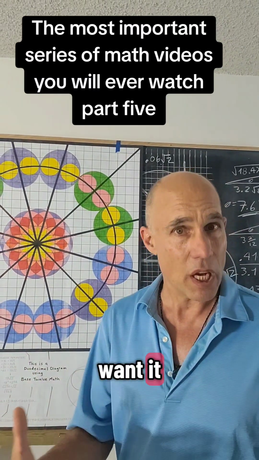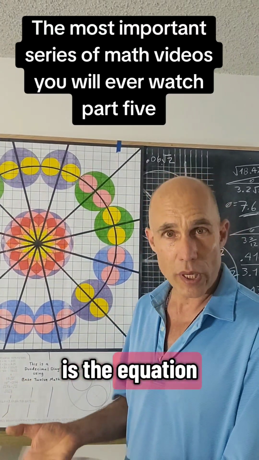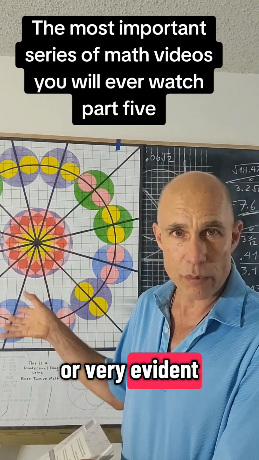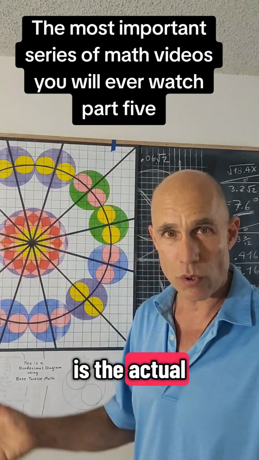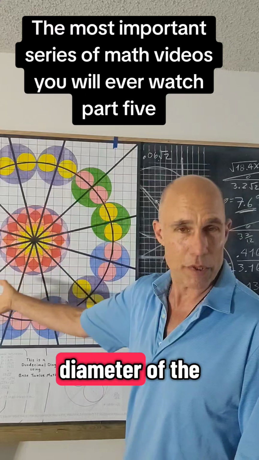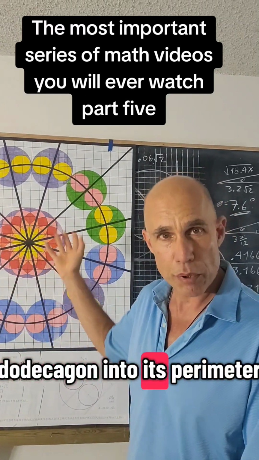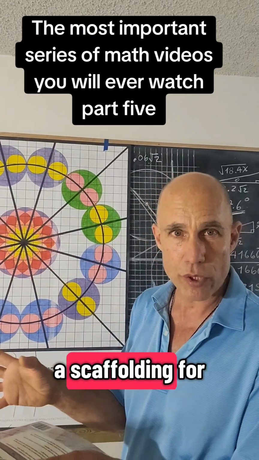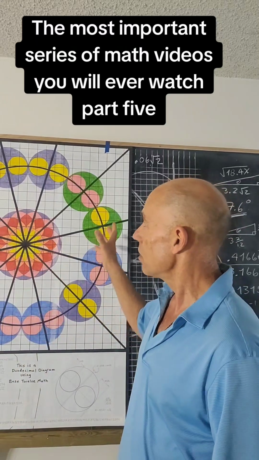So now what I want to do is the equation that is sort of lurking or very evident within this geometry, which is the actual division of the diameter of the dodecagon into its perimeter, which is becoming the circumference of the circle. Again, a scaffolding for those points.